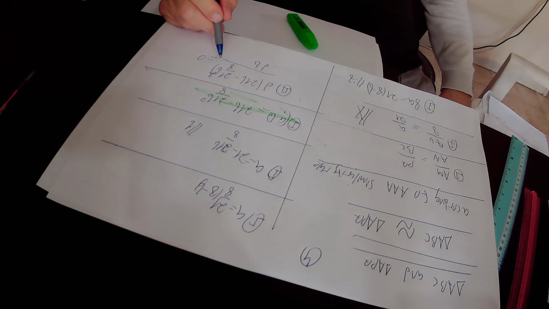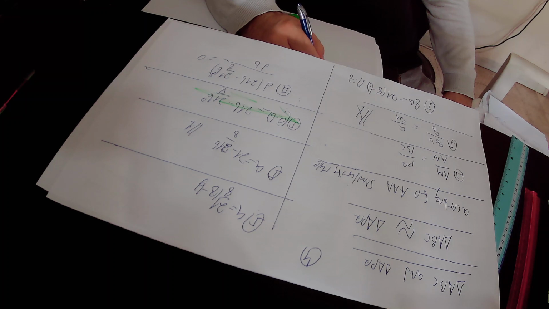You know that the derivative of B squared is 2B, and therefore it will be equal to minus 21 over 8 times 2B, and it equals 0.